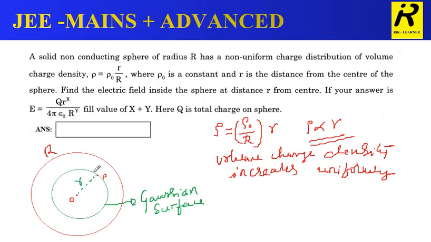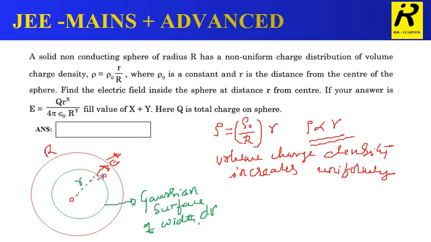Now I say the width of this Gaussian surface is dr. So at this point P, we are having the electric field intensity like this.